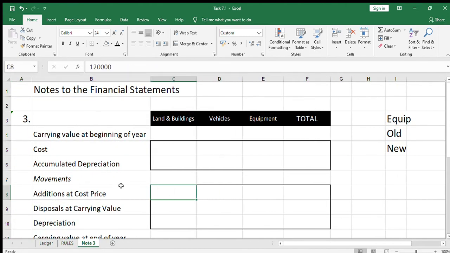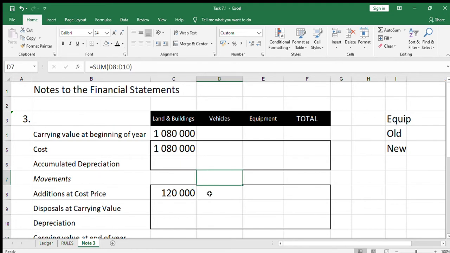But we're just going to put it in as additions for land and buildings. Additions at cost price for land and buildings. It wasn't recorded in the land and buildings, it was recorded under repairs. So the land and buildings amount that's been given to you in the question is actually your cost price at the beginning of the year. And we can actually finish off the land and buildings.